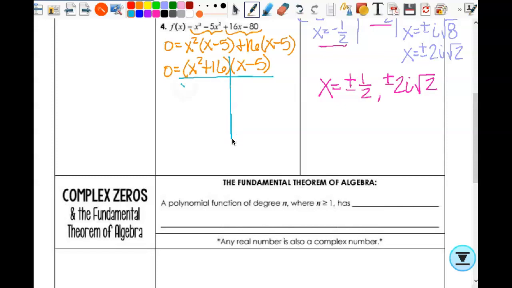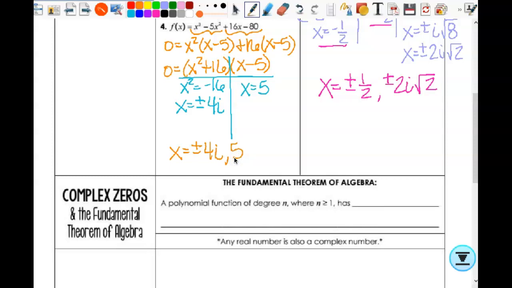And this gives me x squared equals negative 16. So x is equal to plus or minus what? 4i. And then I get x equals 5. So overall, x is equal to plus or minus 4i and 5.